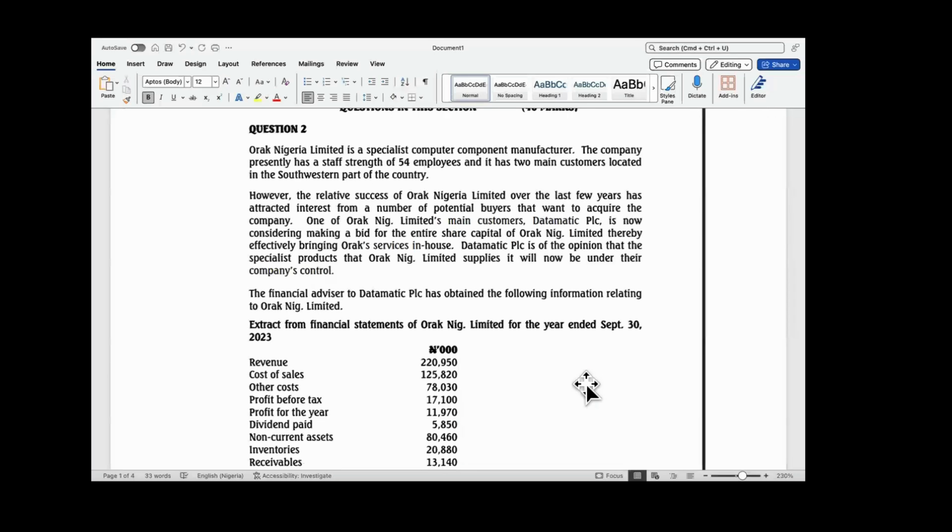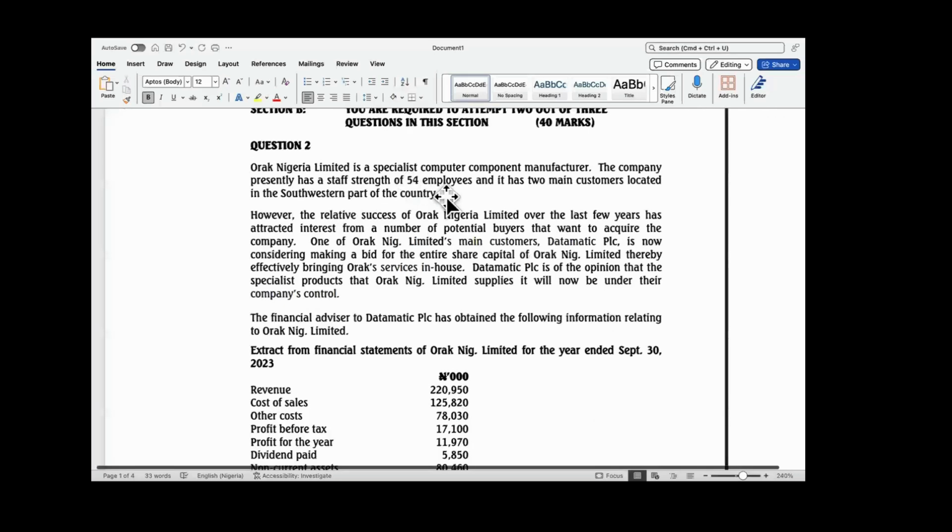The company presently has a staff strength of 54 employees, and it has 2 customers located in the southwestern part of the country. However, the relative success of ORAC Nigeria Limited over the last few years has attracted interest from a number of potential buyers that want to acquire the company.